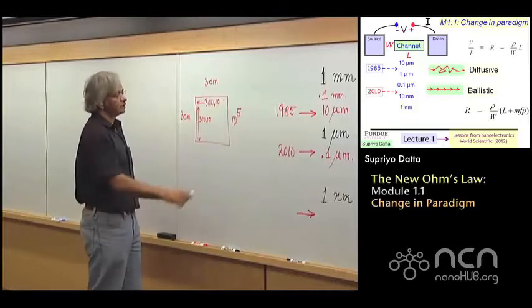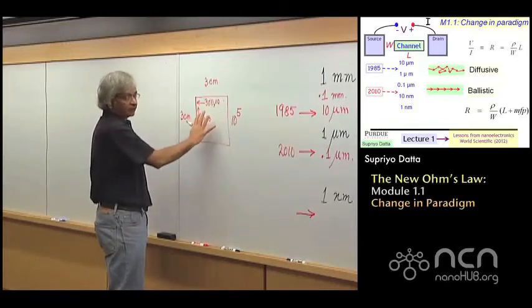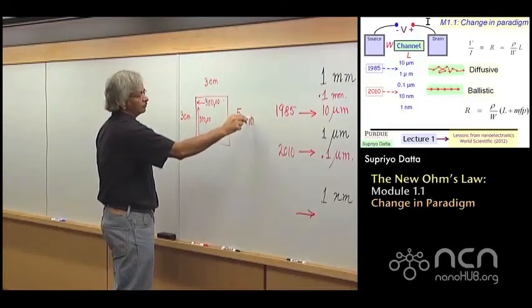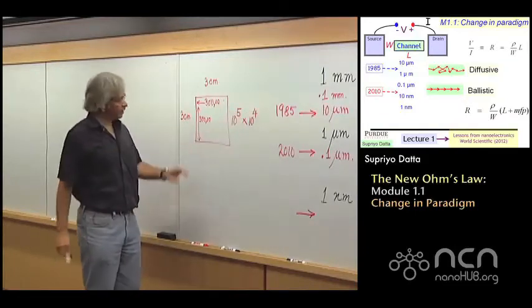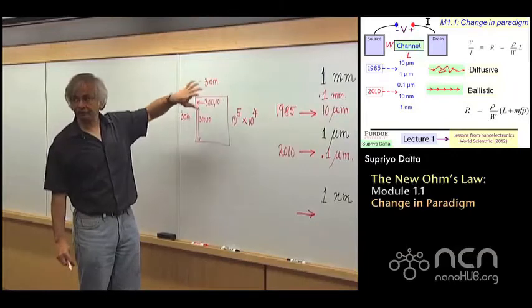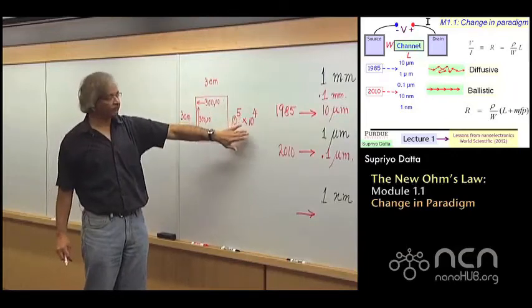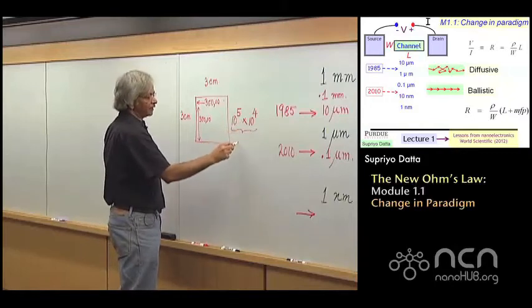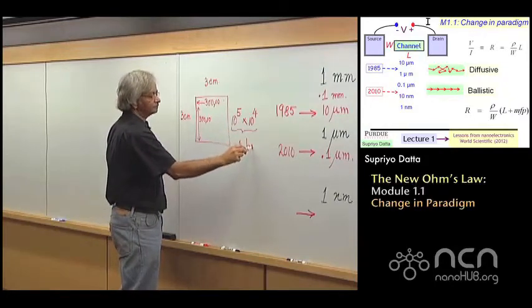What that means is that the total number you can fit into this area is 10 to the 4th times what it used to be, because 100 more this way, 100 this way, overall a factor of 10 to the 4th. And that is the number I had quoted before. That's really 1 billion.